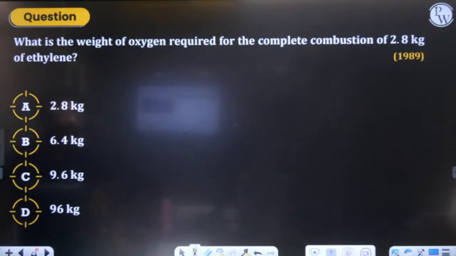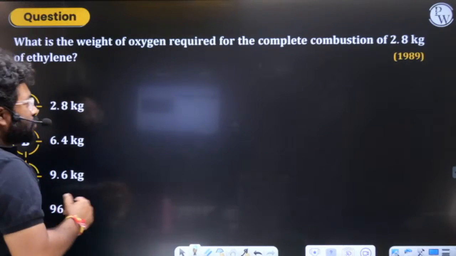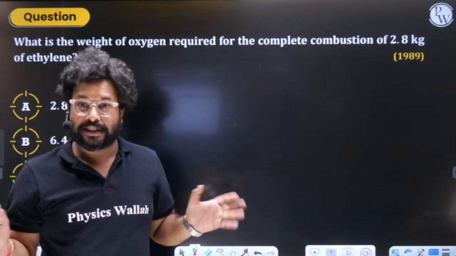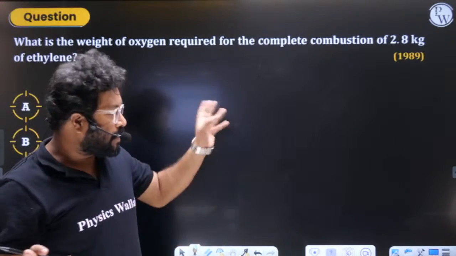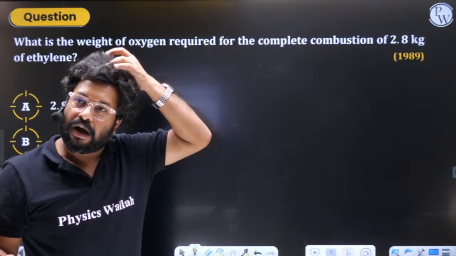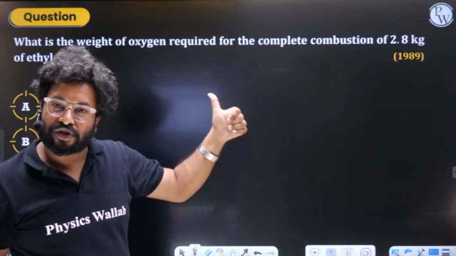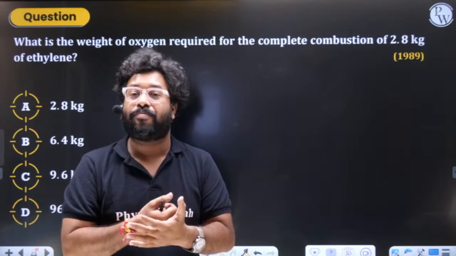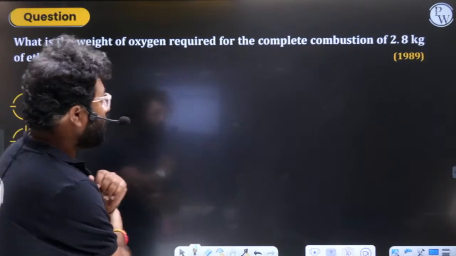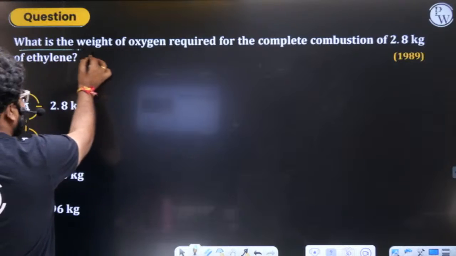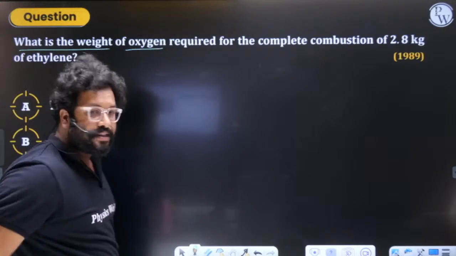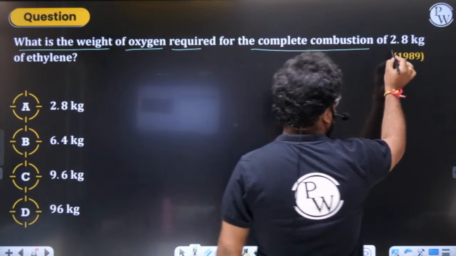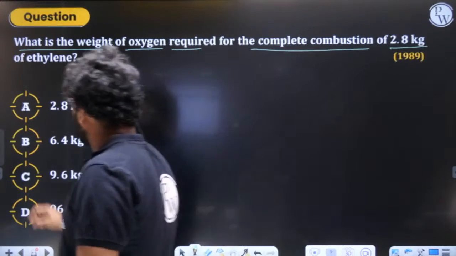Chalo then. Moving ahead to the next question. Now this question is kind of a stoichiometry based question. So I'm going to put this into that category. But this type of question can also come under the category of Gay-Lussac's law of volumes. What is the question? What is the weight of oxygen required for complete combustion of 2.8 kilogram of ethylene?